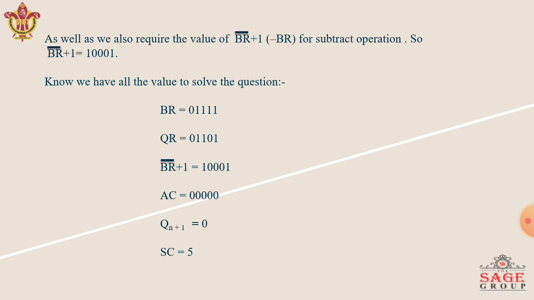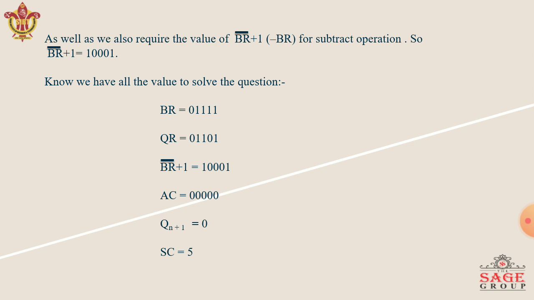We also require the value of BR bar plus 1, that is minus BR, for the subtract operation. So the value of BR bar plus 1 equals 10001.